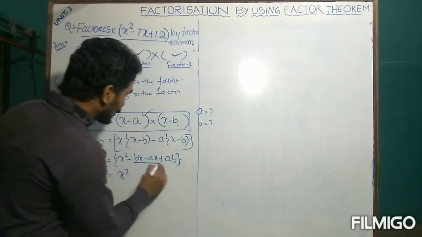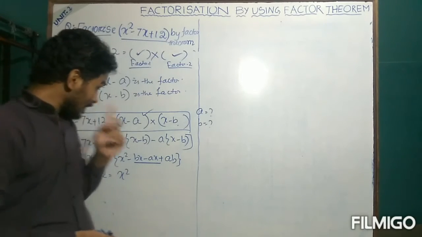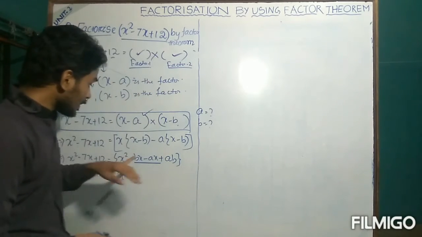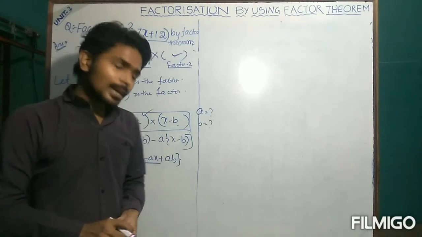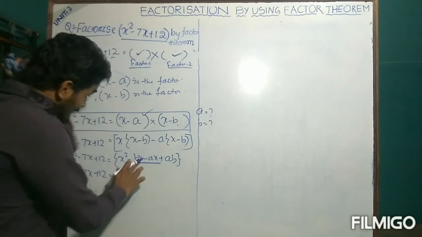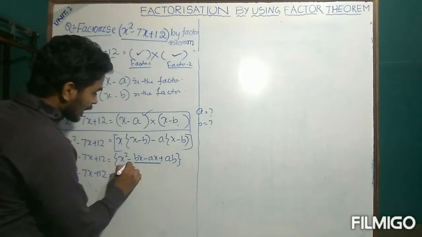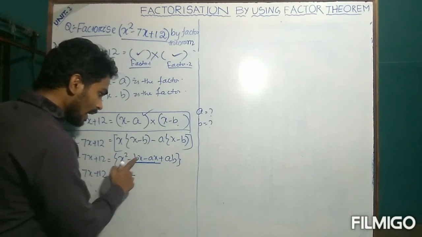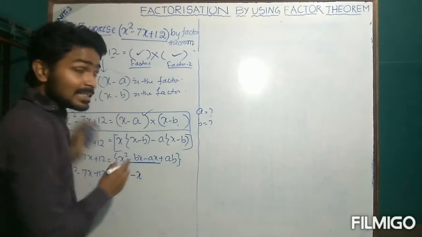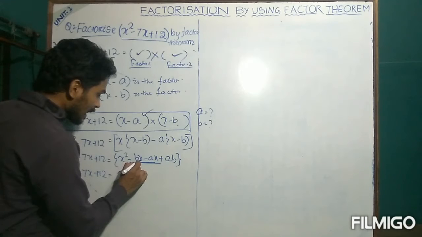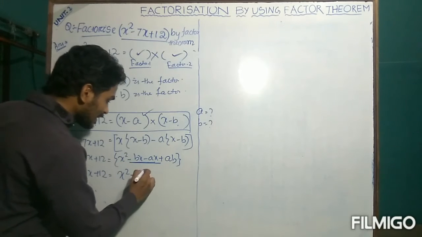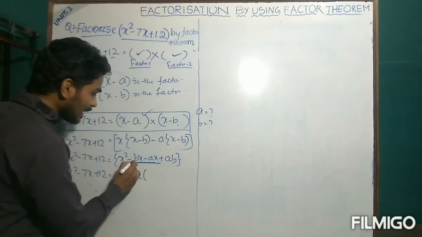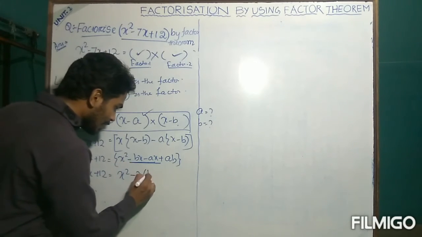So the final result is x square minus 7x plus 12 is equal to x square minus bx minus ax plus ab. You can see there are two like terms, because they have the same variable and the same exponent. Now let us take the negative sign and x as common. Since x and the negative sign are taken common, the sign inside the bracket will be changed.